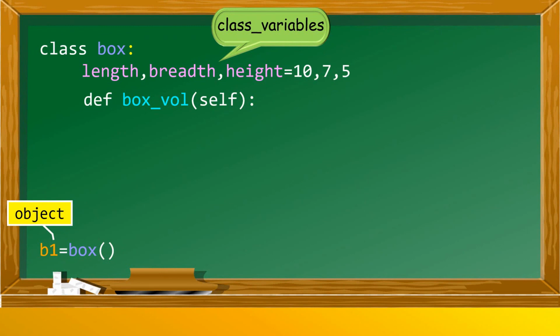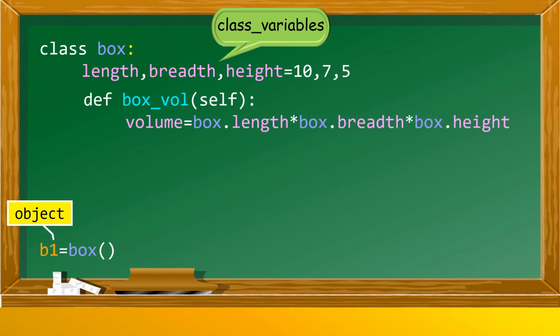And as you have noticed, every function within the class must have the first argument as self. It is compulsory to have self as the first argument for every function you define within your class. So within the body of this function, I calculate volume as volume is equal to box.length into box.breadth into box.height. And then I print volume.